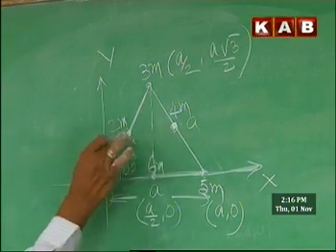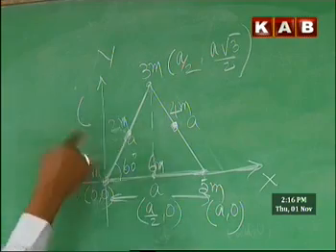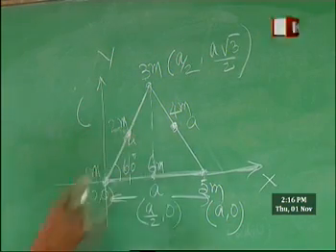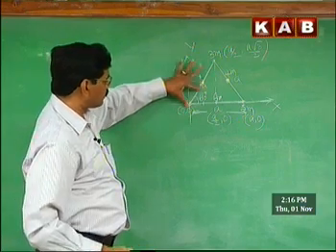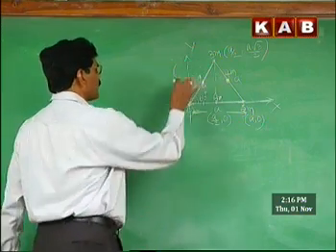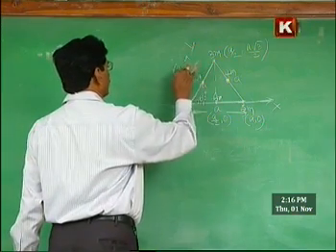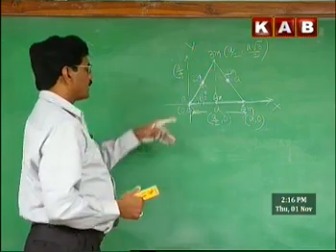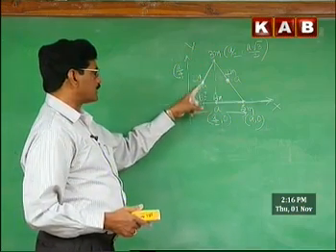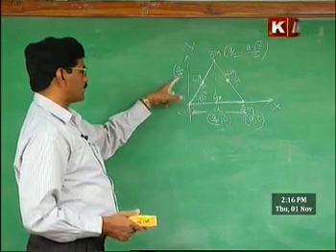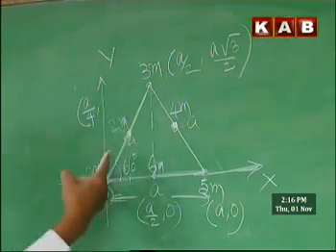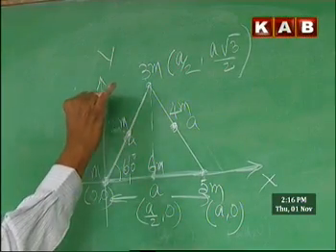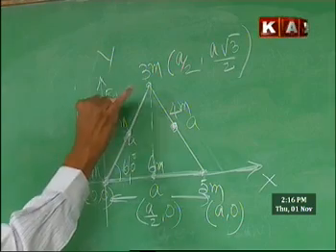Now these are the 2 particles. For the coordinates of this particle, the x coordinate is this distance, a by 2 cos 60 degrees, which is a by 2 into 1 by 2, that is a by 4, and a by 2 sin 60 degrees is root 3 a by 4.